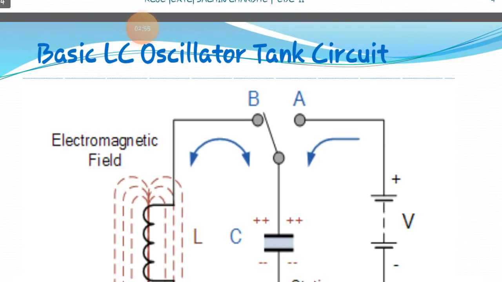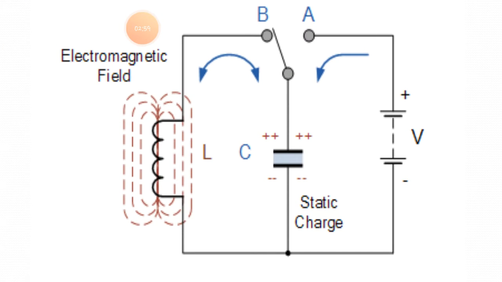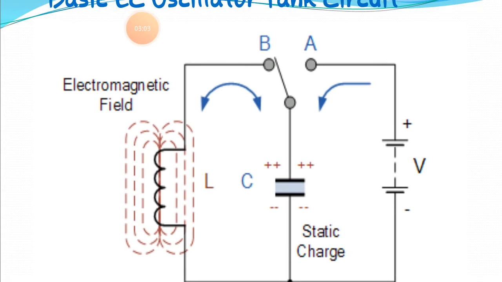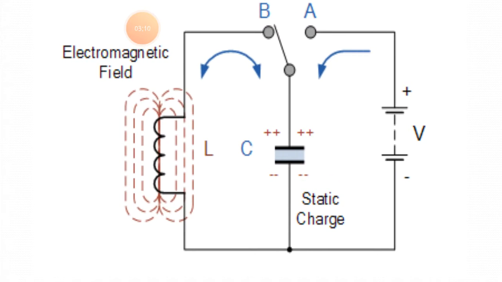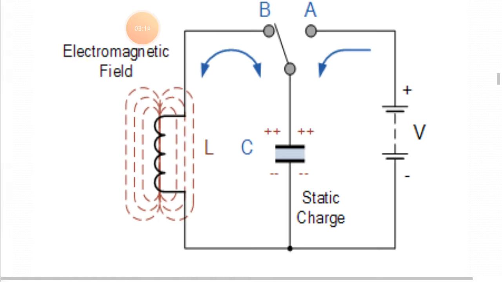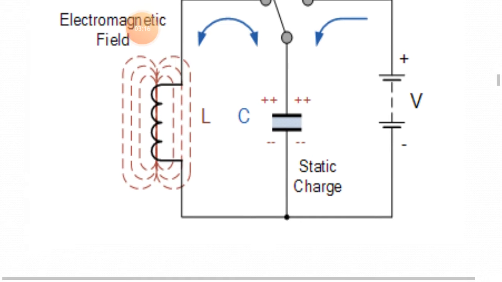Now, the basic LC oscillator tank circuit. We use an inductor and a capacitor and one switch that is connected to B and A, and a field is produced in the inductor, which is called the electromagnetic field. We apply a battery.